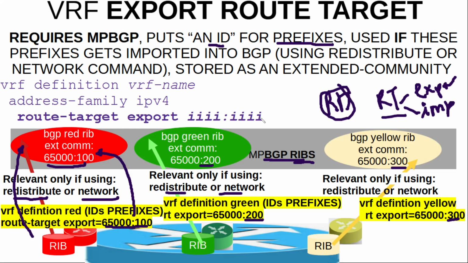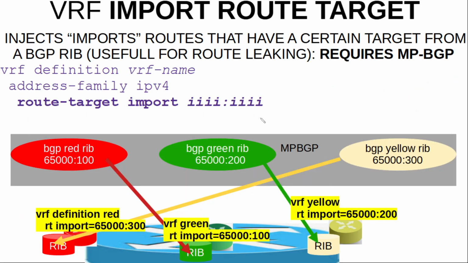Now let's see the other half, which is the route target import feature. This feature will inject or import routes that have a certain route target number from a BGP RIB. It is really useful to do something that is known as route leaking.